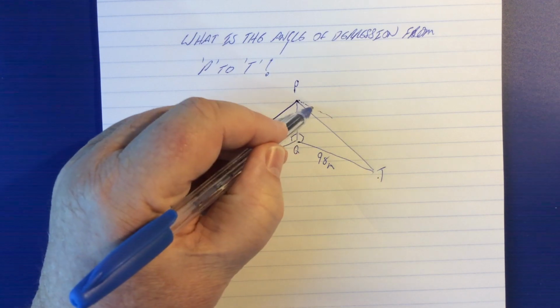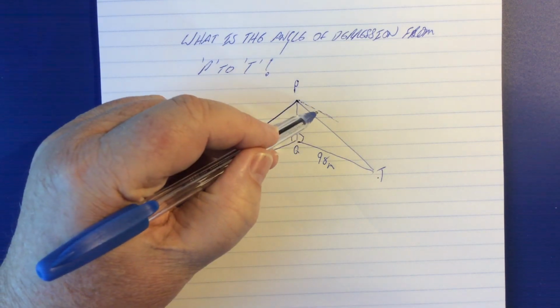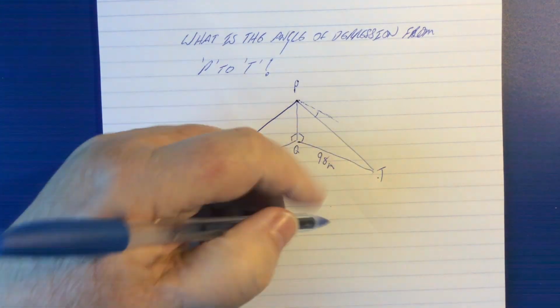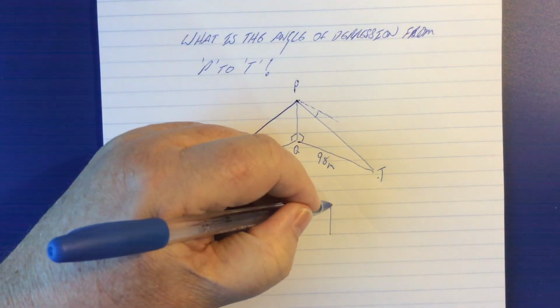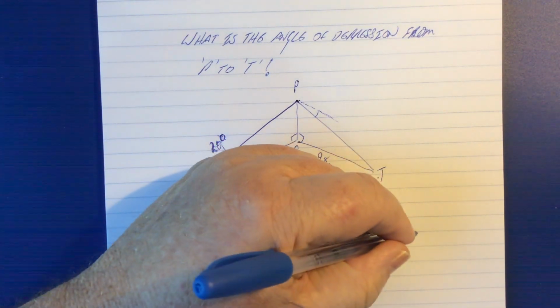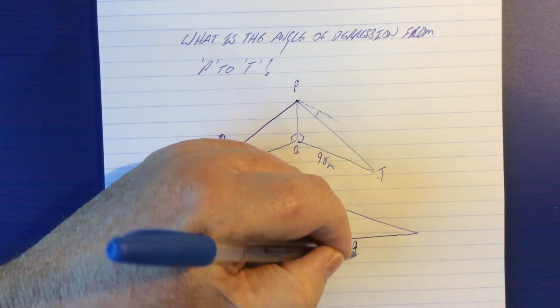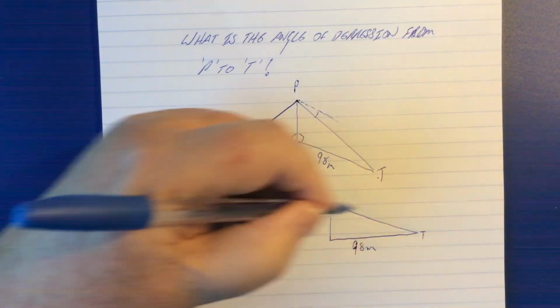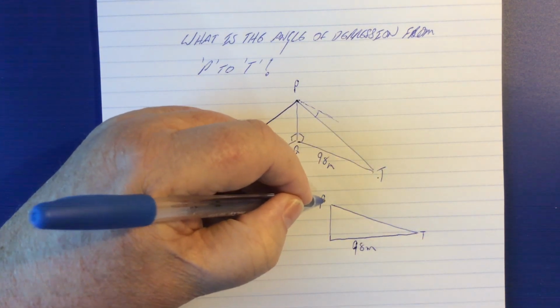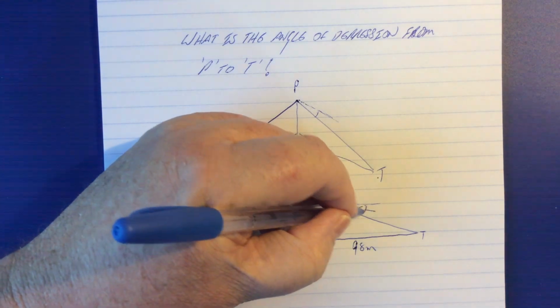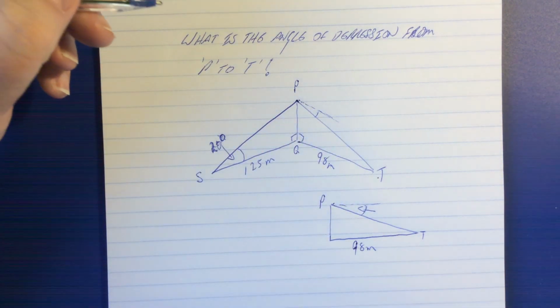This is kind of difficult to draw here, but the angle of depression will be that. If I were to take this out of its context, we'd have something that looks like this: 98 meters, T, P is up here, and the angle of depression would be in there. That's what we're looking for.